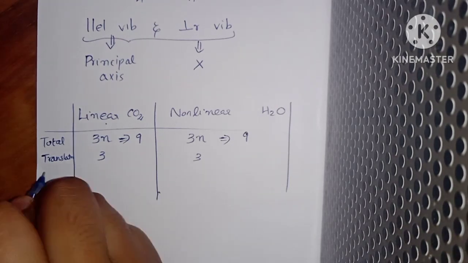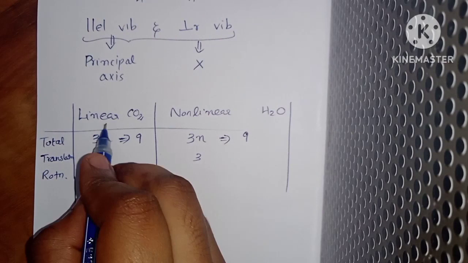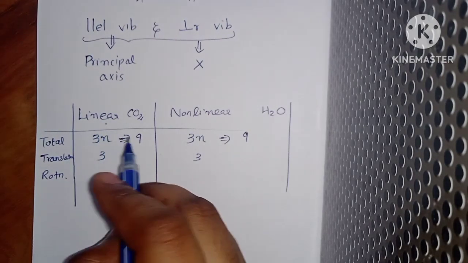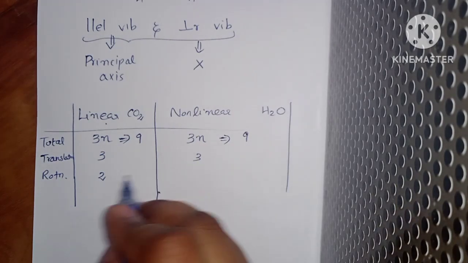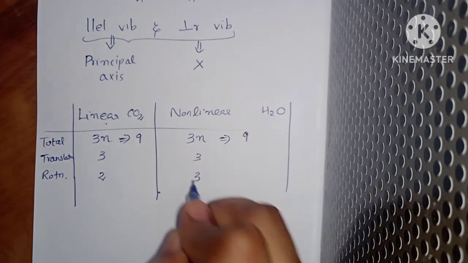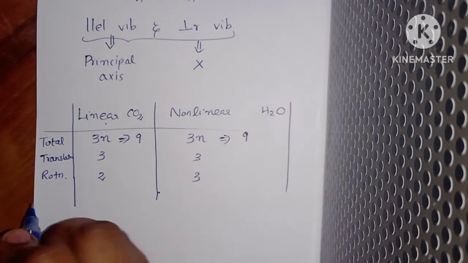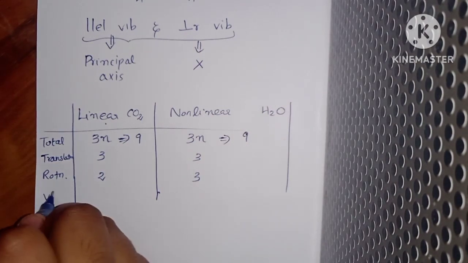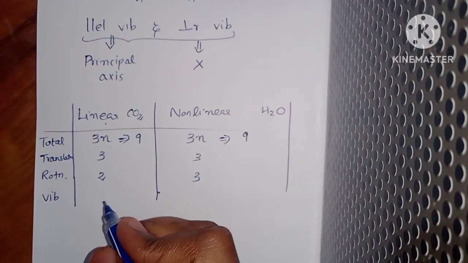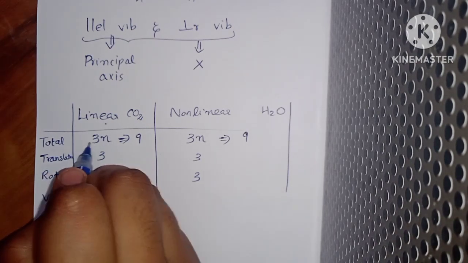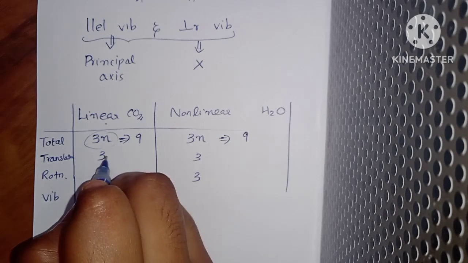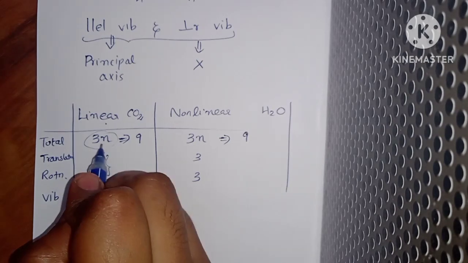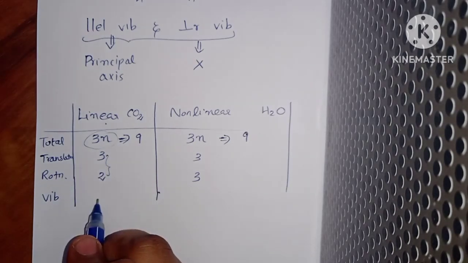The number of rotational degrees of freedom for a linear molecule is 2 only, and for a non-linear molecule it is 3. So considering these factors, the vibrational degrees of freedom will be found by taking the total degrees of freedom and subtracting translational and rotational from this total.